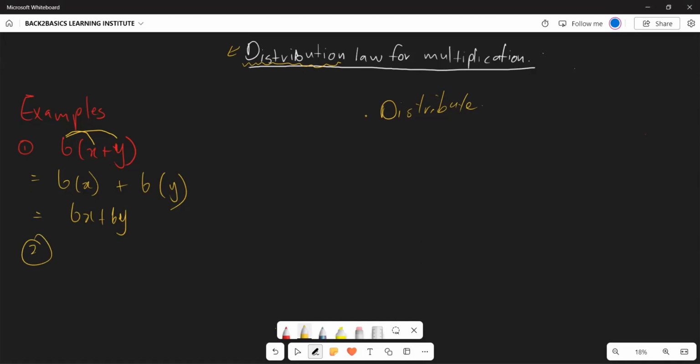Now let's look at number 2. Let's say you are given 5 into a plus 3. They want you to use the distributive law, so you are going to distribute and make sure everyone gets a piece of everyone. This is the same as 5 multiplied by a, plus 5 multiplied by 3.